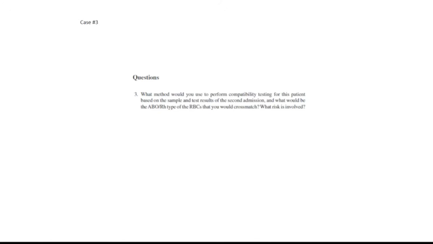Again, the electronic or computer cross-match is an abbreviated cross-match. It's used for convenience and turnaround time, but it only measures for ABO compatibility. And the way it works is that you have to have at least 2 type determinations on the patient.